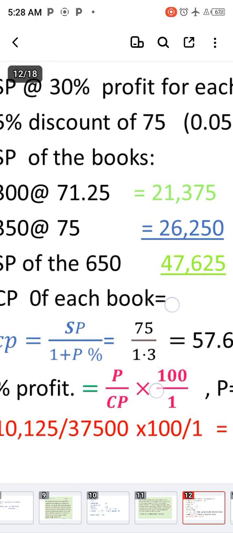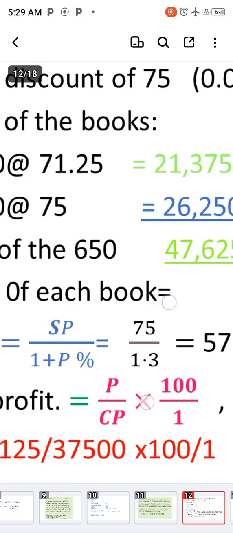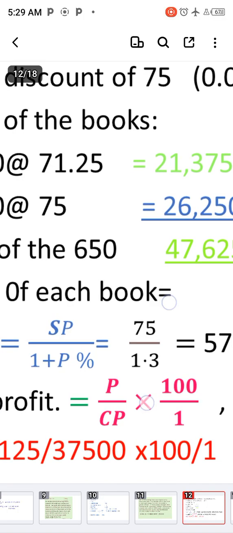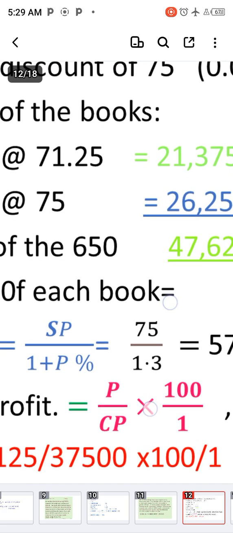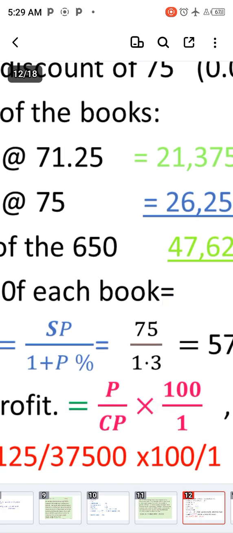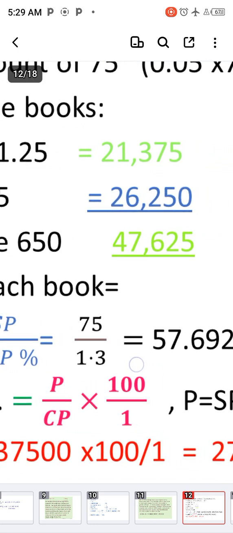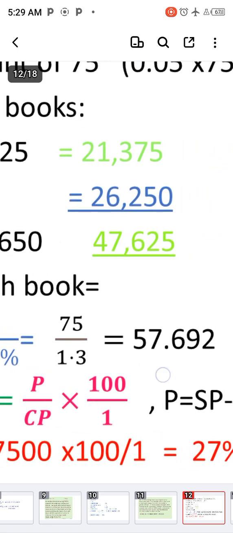Selling price in this case is 75 naira. So it now becomes 75 over 1.3, which is equal to 57.692. So each copy of this book costs 57.692.